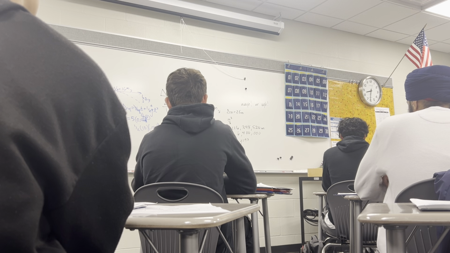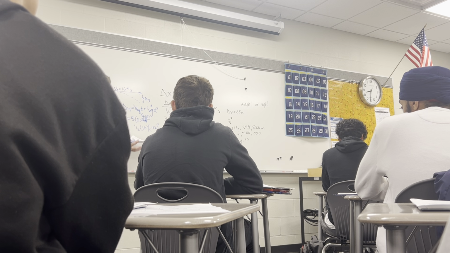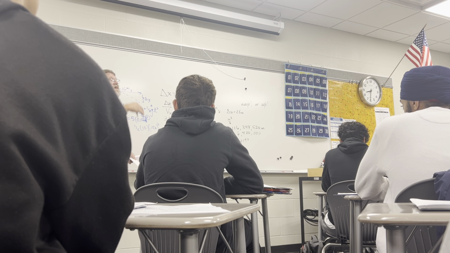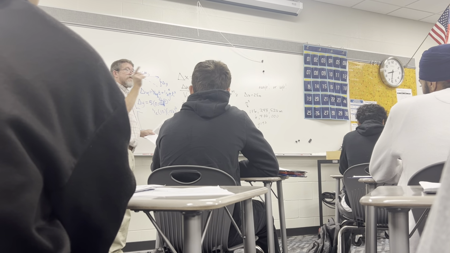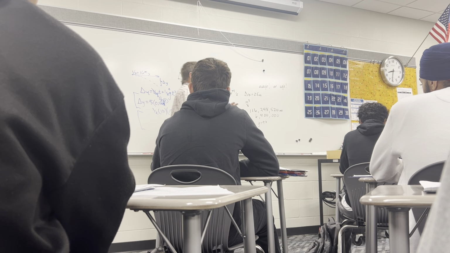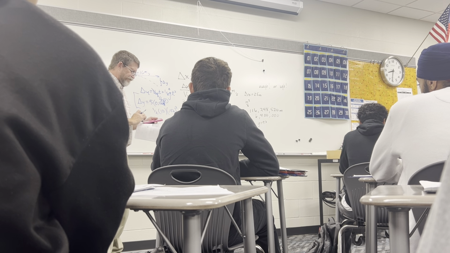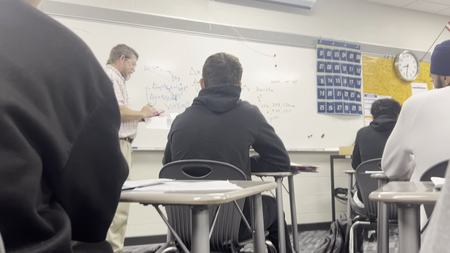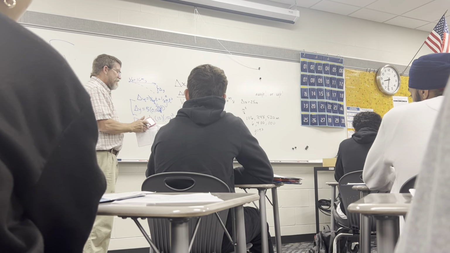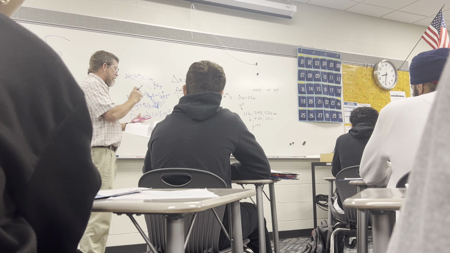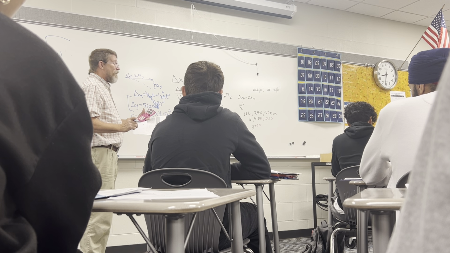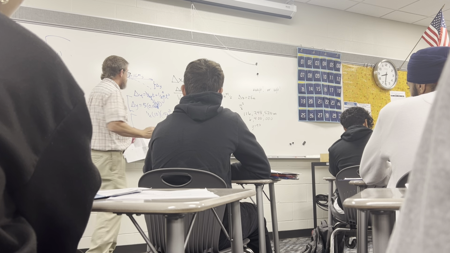You just type in 0.5 times 10, or 5, times 0.156, hit the squared key, and then make sure you hit equals. It hasn't even calculated it yet, and then boom, 0.12 meters.